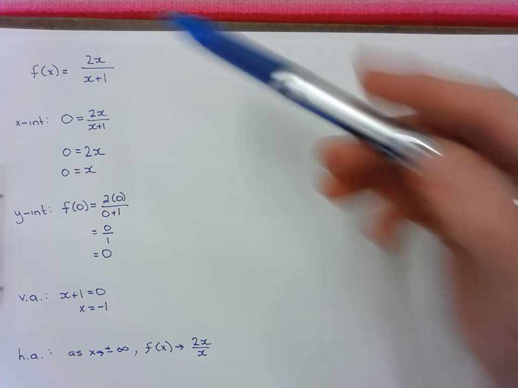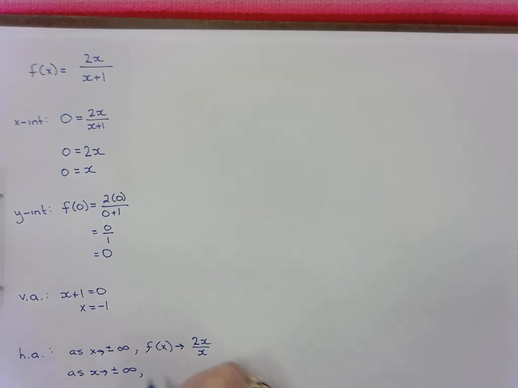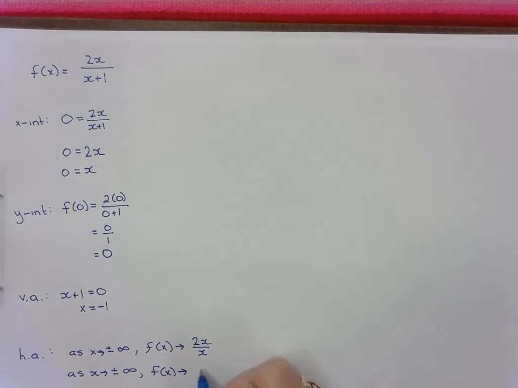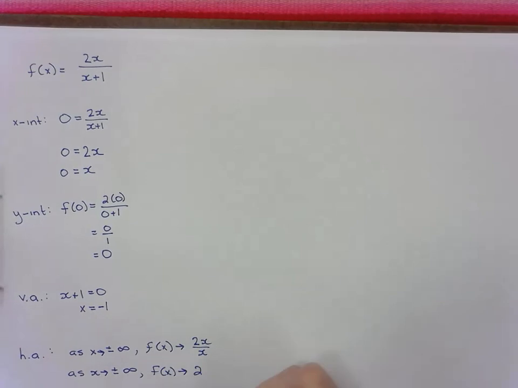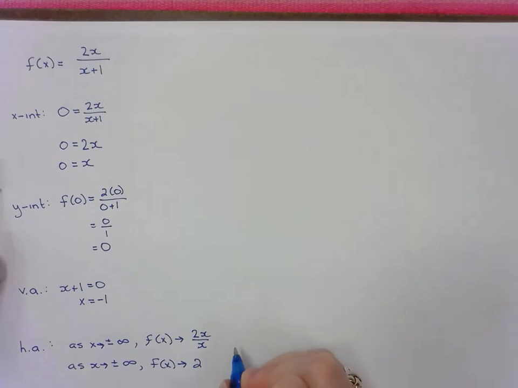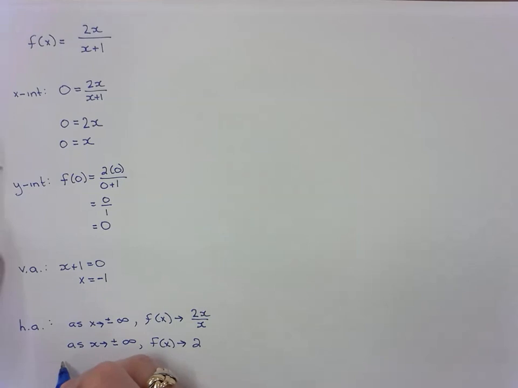So as x approaches positive or negative infinity, f of x is going to approach 2, because 2x divided by x is just 2. Therefore, our horizontal asymptote is going to be y equals 2.